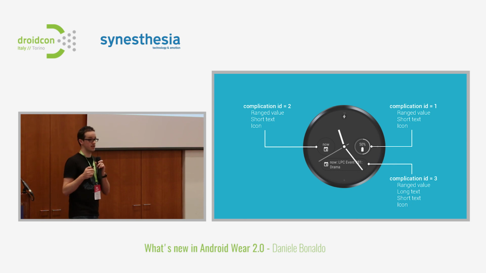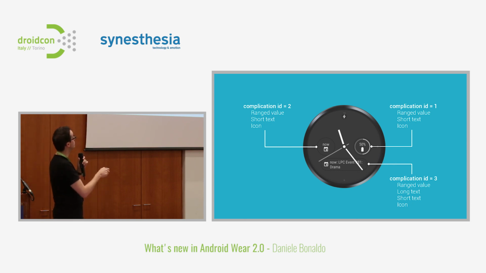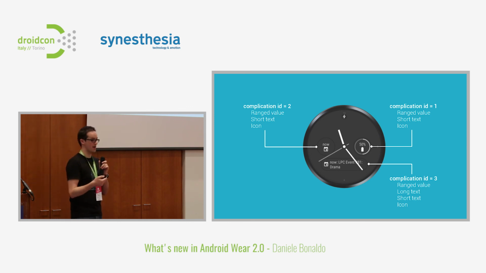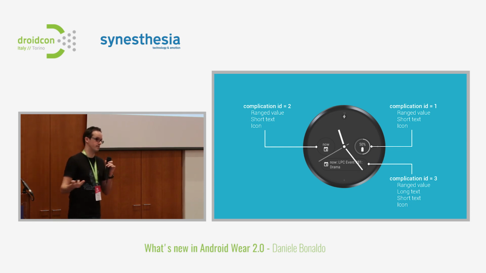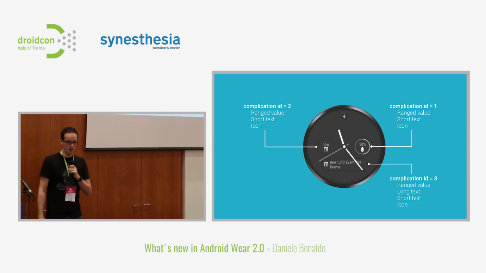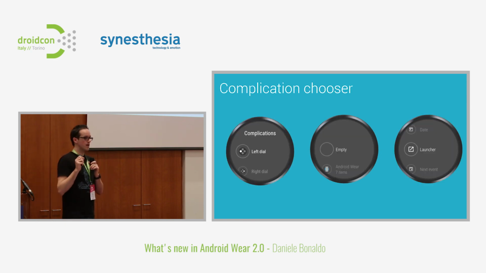This is because, for example, a small placeholder like this one could only support short text or an icon. A bigger one, like this one, could also support, for example, larger text, because, of course, it's bigger. The user can then use your watch face configuration activity in order to specify for every single placeholder what to display.